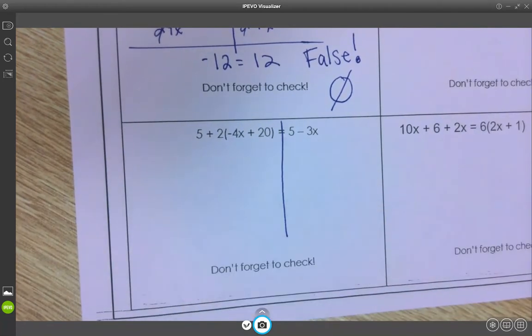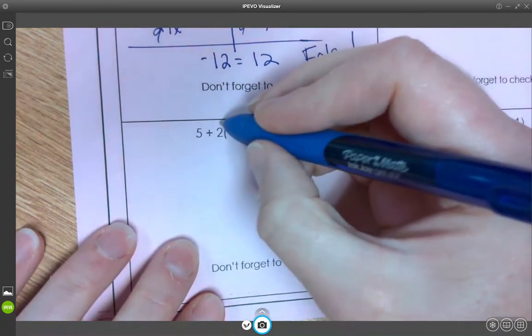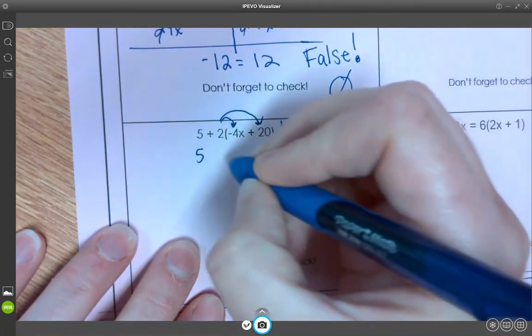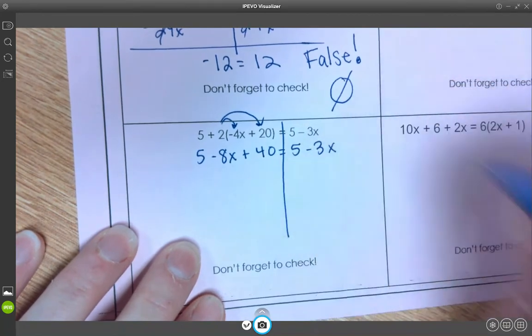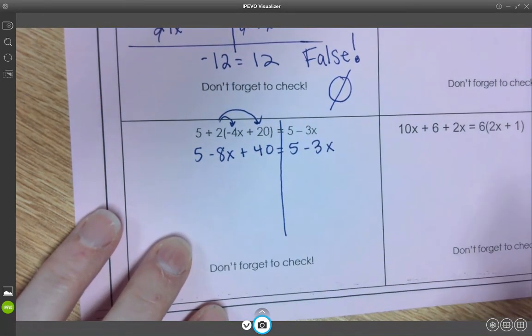Go ahead and distribute. I did the first step, so check mine with yours.